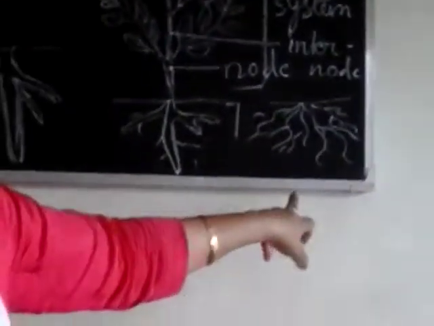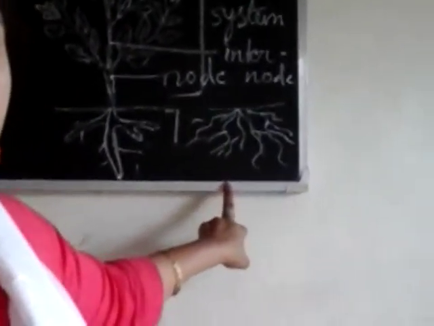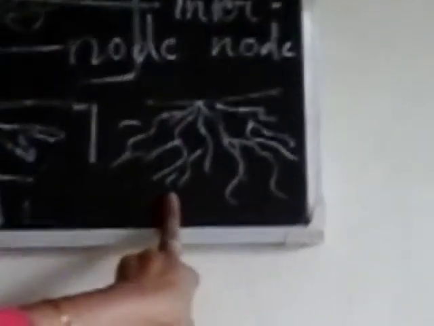So in case of grass plant, the root will be like this. And in case of peepal tree, the root will be like this. It will have one main root which is called the primary root, and from the primary root you will see some more branches arising which are called the secondary roots.